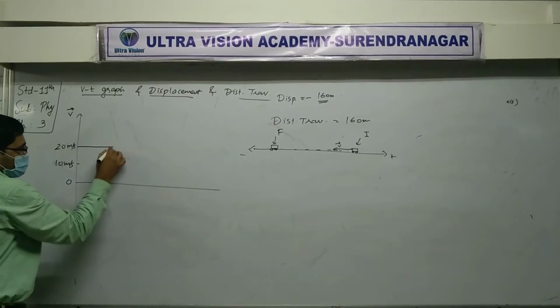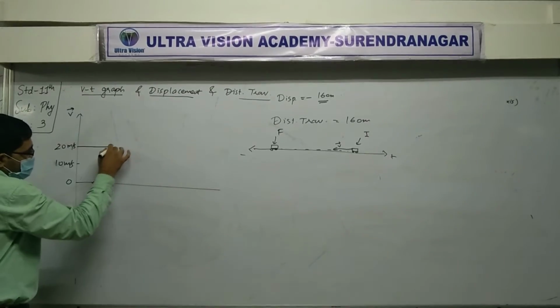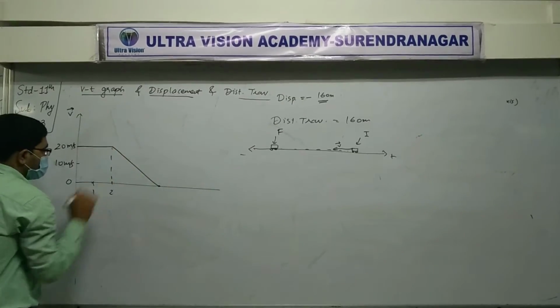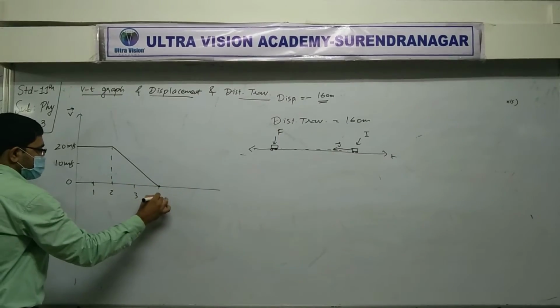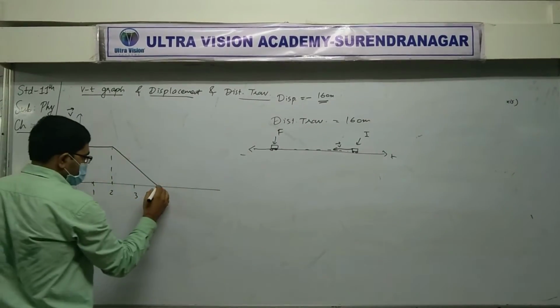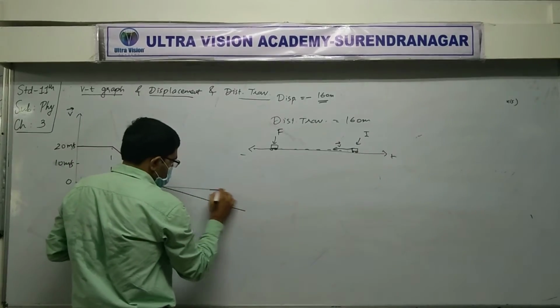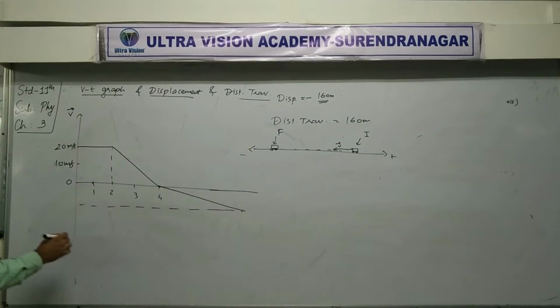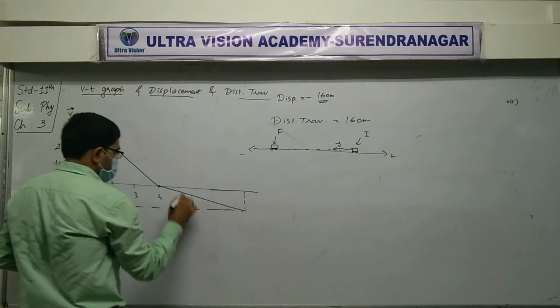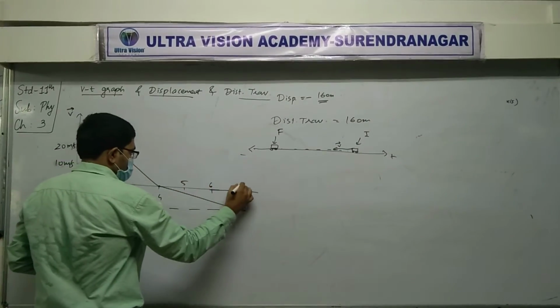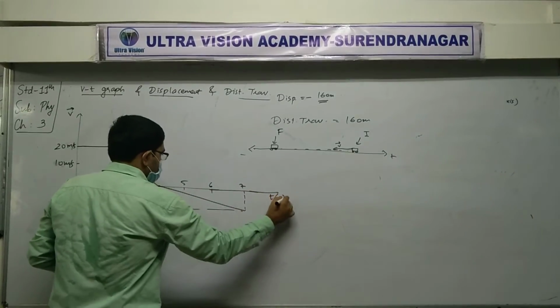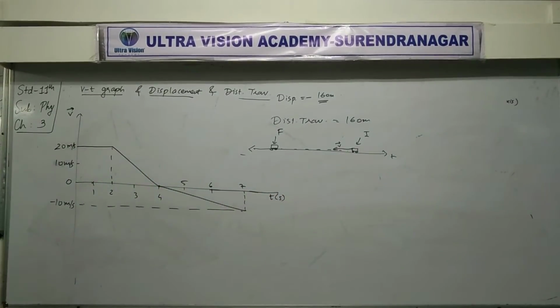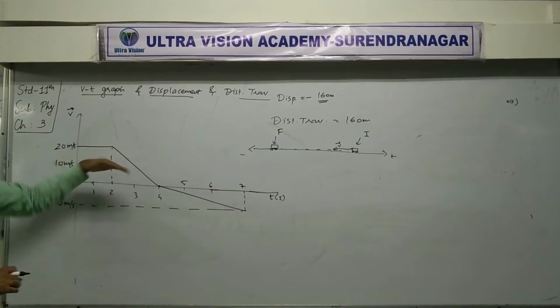You can start drawing it if you want. This is a velocity time graph of some object that we are seeing here, right? This is a horizontal line, this is a straight line.